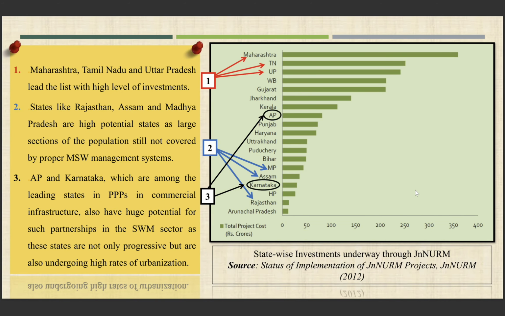This is for different states. Here we can see that in states like Maharashtra, Telangana, and Uttar Pradesh, there is more involvement of private sectors in development and other things as compared to states like Rajasthan and Himachal Pradesh.